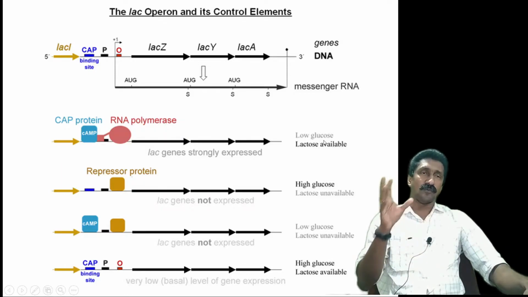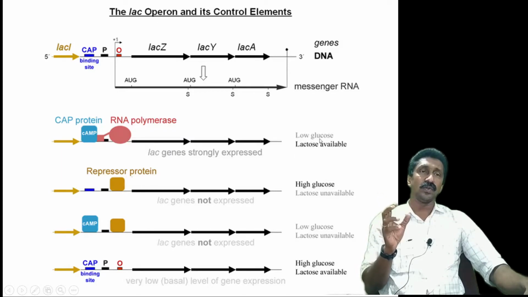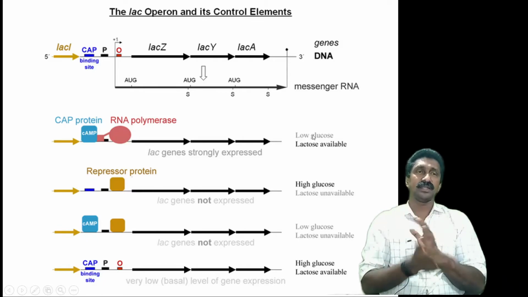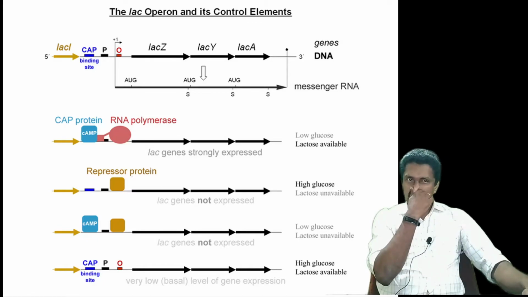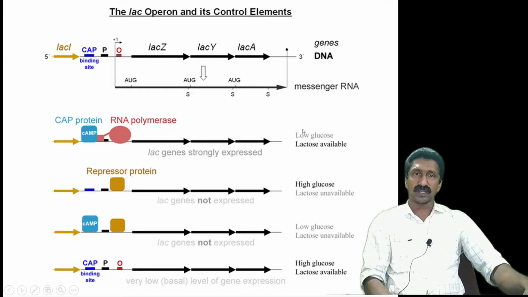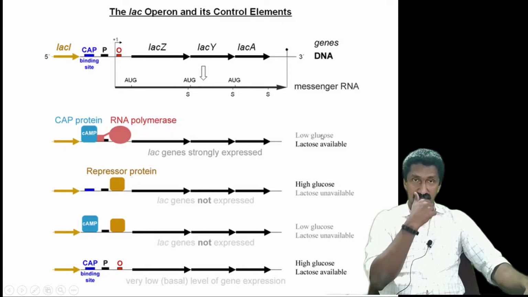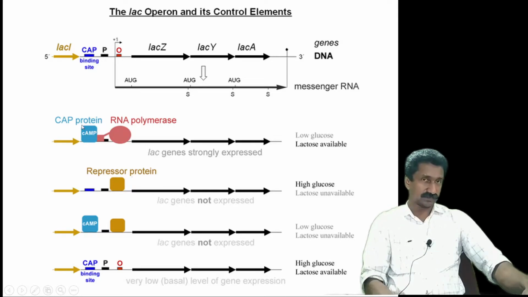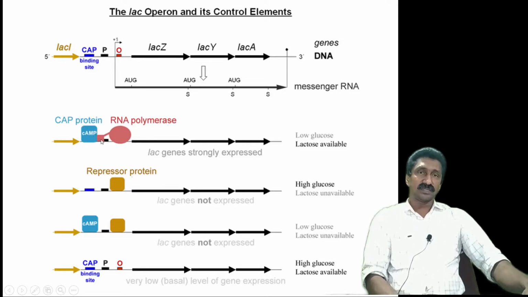Take the example of low glucose and lactose available, high lactose. That condition can be considered. Since there is low glucose, cyclic AMP is there, and the cyclic AMP-CAP complex can bind, which promotes the RNA polymerase binding.